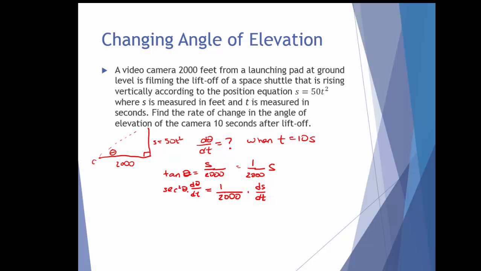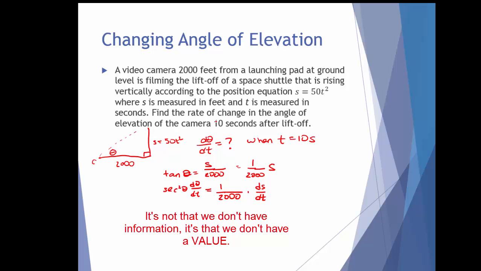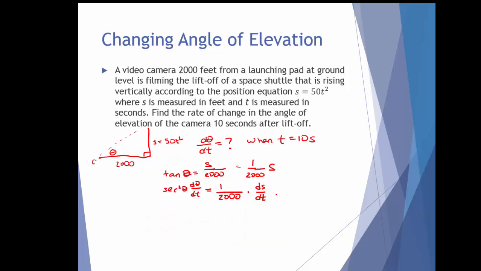Okay. So we need to start seeing what we can replace or what we need to replace. d theta/dt I'm not worried about because that is my unknown. That's what I'm actually looking for. Let's talk about this ds/dt. We don't have any information about ds/dt, but what we do have is s as a function of t.